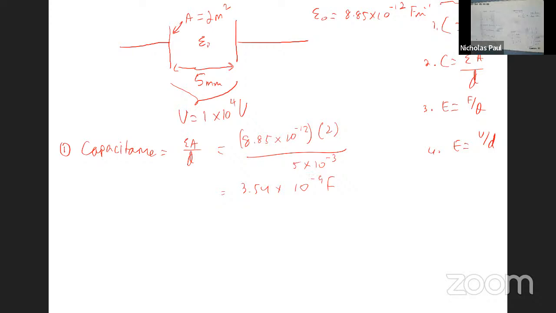Good. Something else to ask now. So you found the capacitance. Could you find the charge on each plate? Which formula do you think you'll use to find the charge on each plate?